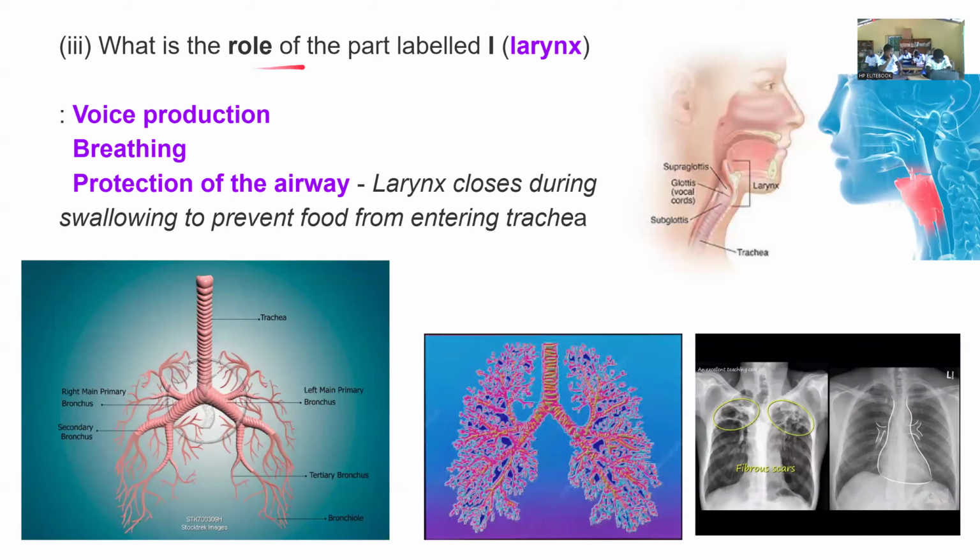But then it asks, what is the role of the larynx? And it is for voice production. For us to make voice, the larynx takes a huge part, and it helps us breathe, and it protects the airway as the larynx closes during swallowing to prevent food from entering the trachea.